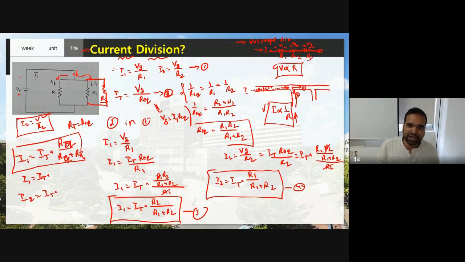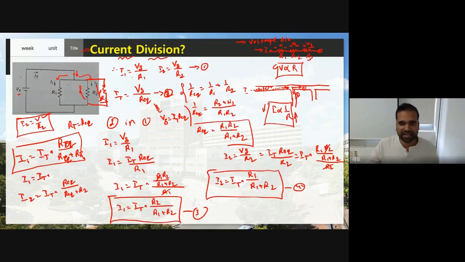What is the R equivalent now? Now you should not consider R2. Now the opposite resistors of R2, how many? R1 and R3. Now R1 and R3 are connected in parallel, so you will write R equivalent by R equivalent plus R2. Okay, clear. So this is the current division formula.